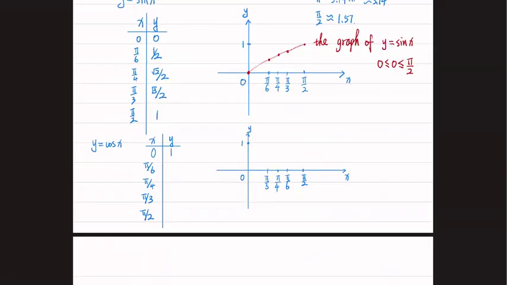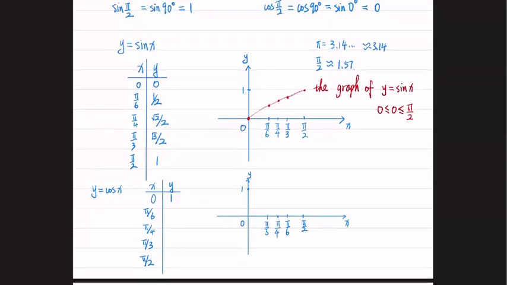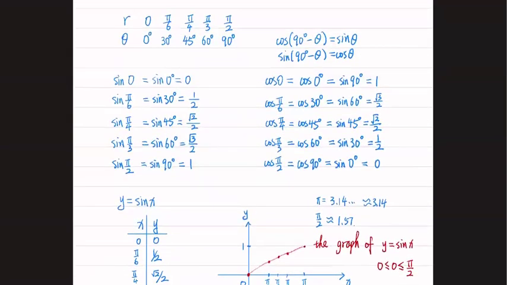Amy, cosine of pi over 6: that's 30 degrees, and cosine 30 is sine 60.